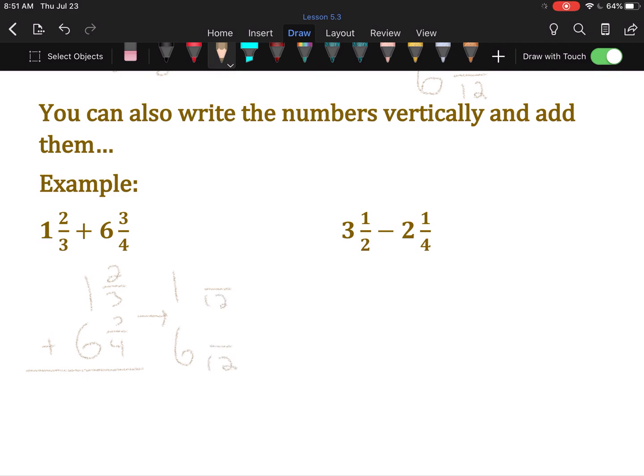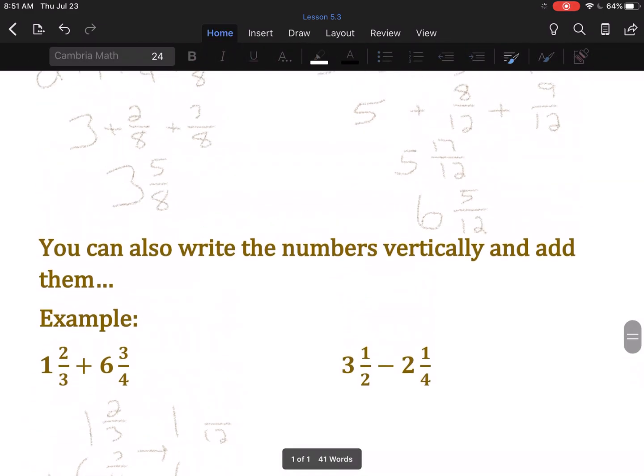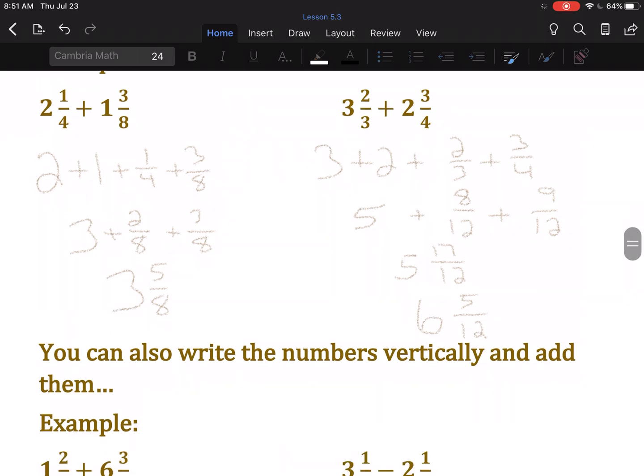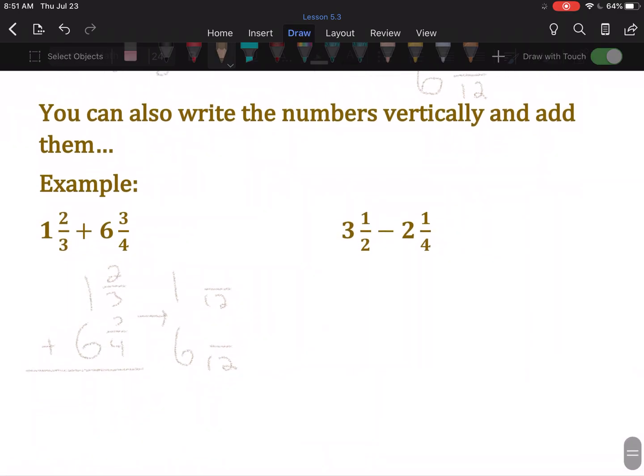And we actually just did 2/3 and 3/4. So we know 2/3 becomes 8/12 and 3/4 becomes 9/12. We've already done that work today, so no sense in doing it again. We know this is 8, we know this is 9 from the last problem.